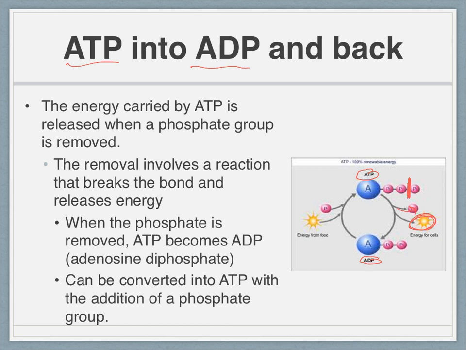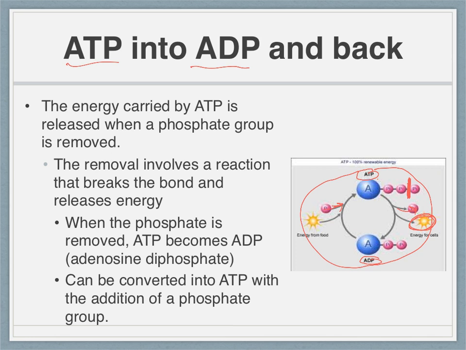This ADP molecule can be reformed into ATP by addition of a phosphate. This is the same phosphate that was released over here, and energy from food. So energy goes in to make this molecule of ATP. So it's a cycle, ATP to ADP, back to ATP, a continuous cycle.